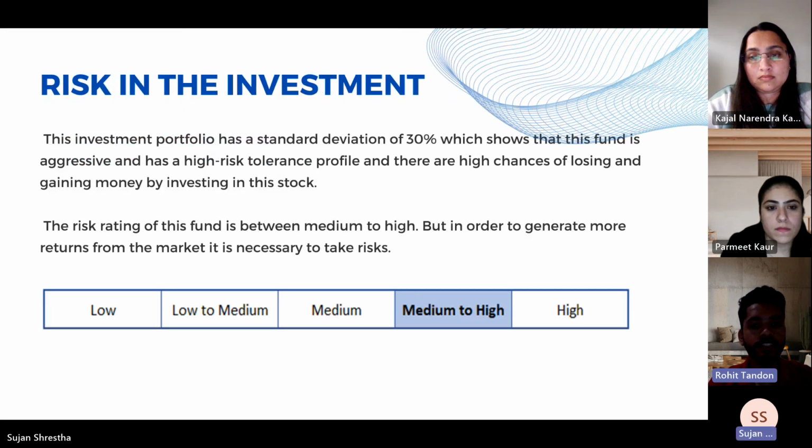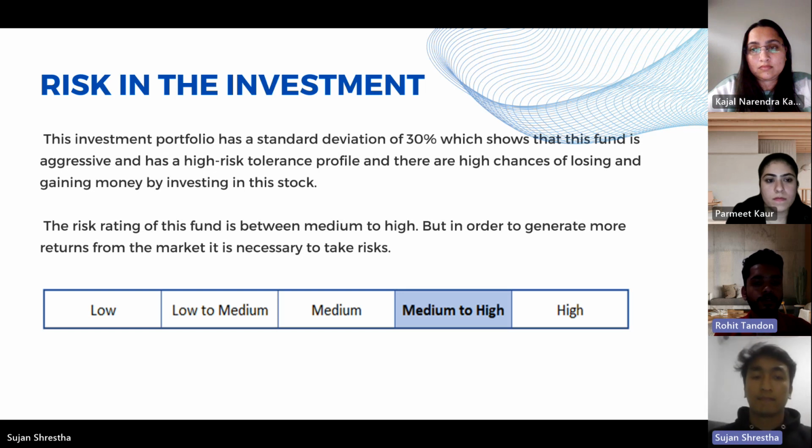The risk rating of this fund is between medium to high, but in order to generate more returns from the market, it is necessary to take risks. Overall, the risks will be managed by rebalancing of the portfolio after reviewing the market conditions from time to time.